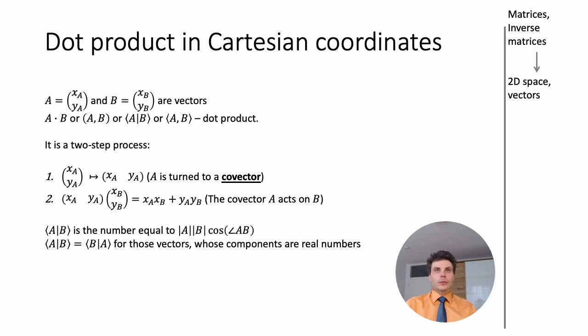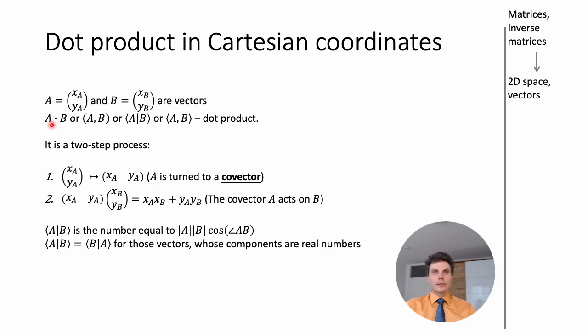But in Cartesian coordinates, assume we have two vectors of the same length, A and B, with their coordinates, and then we introduce an operation that takes both of them as an input and returns a number. This operation is denoted in different ways.